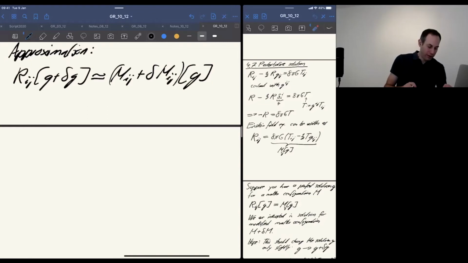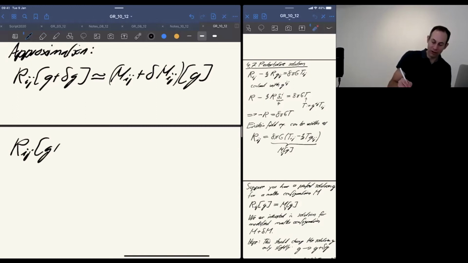Now, the other thing we are doing is we are going to make now a linear approximation of this whole equation. Let's just look at a linearized version of R. So Rij, here I really want to see the change in the geometry.